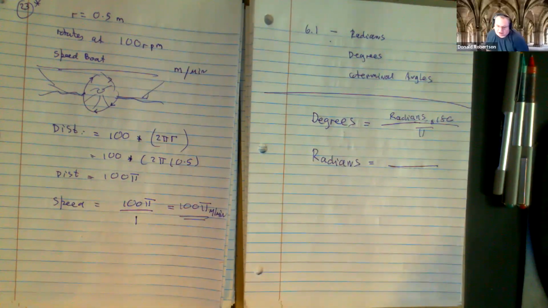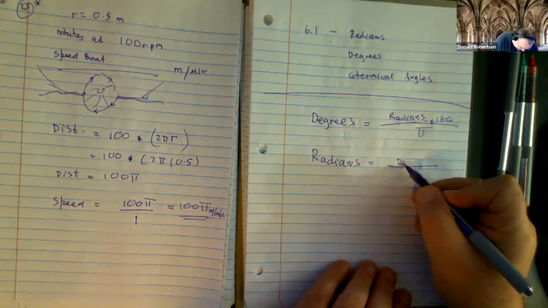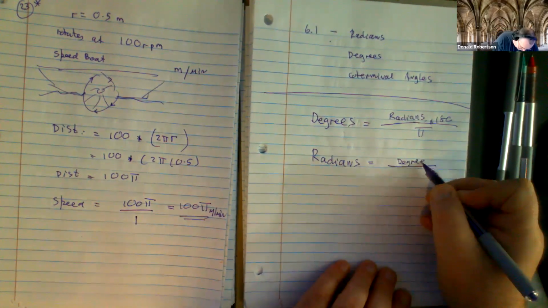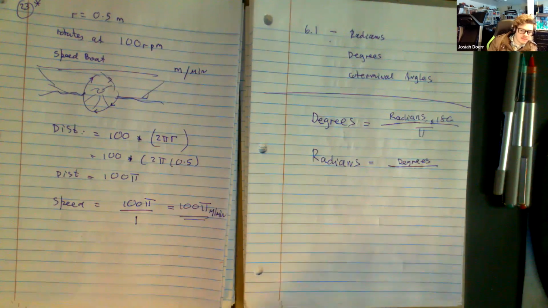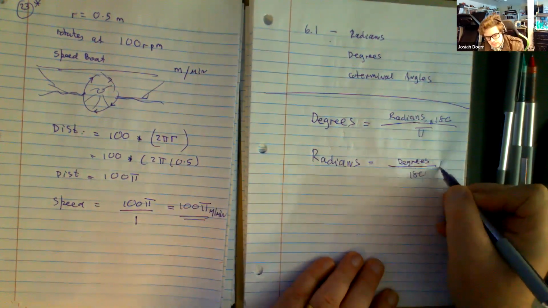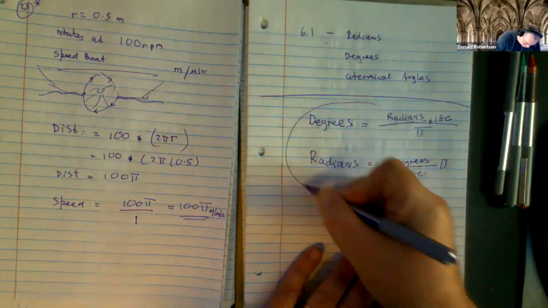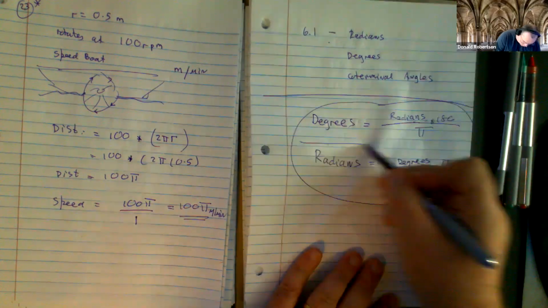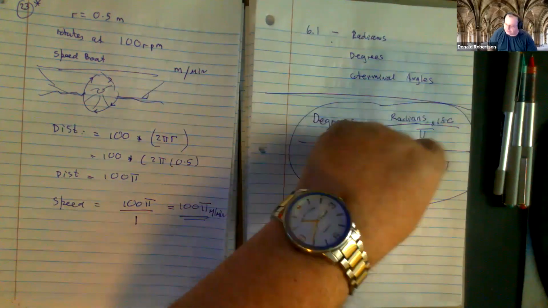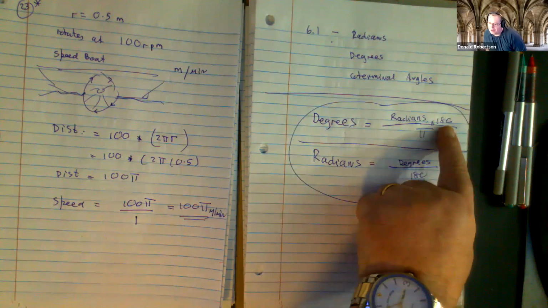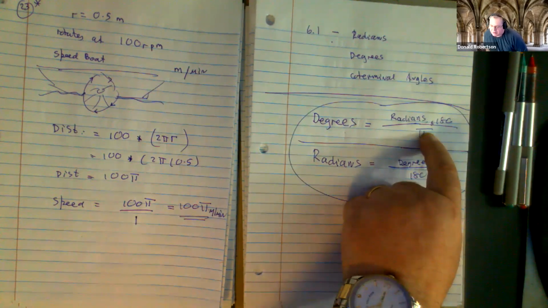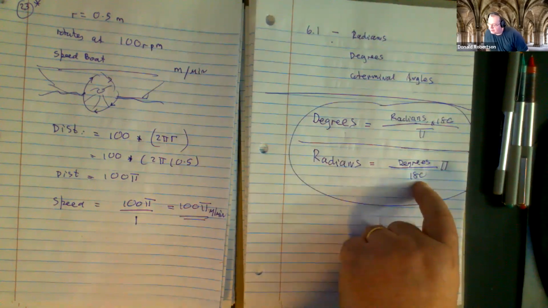You tell me the degrees. I want to know how many radians it is. Degrees divided by 180 times pi. When you look at those two equations together, isn't one kind of just a reverse of the two numbers? So you multiply by 180, divide by pi, or you multiply by pi and then you divide by 180.